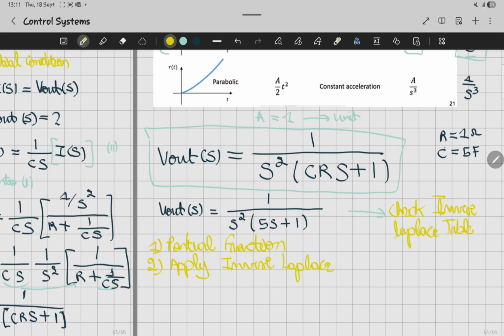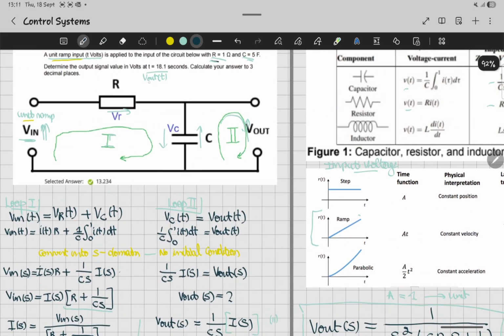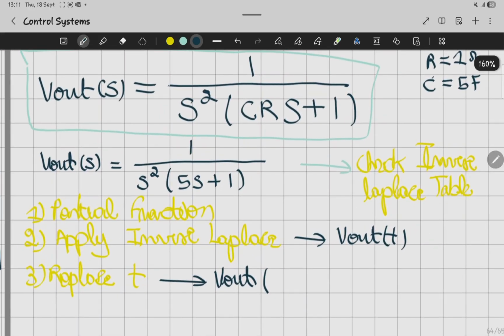Then when you're done with the inverse Laplace, you're going to replace t. Okay, so meaning you will get here V out in the time domain, and here you're going to replace the value of t, which is 18.1.